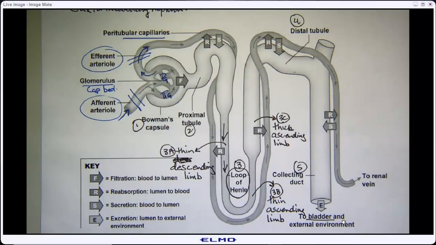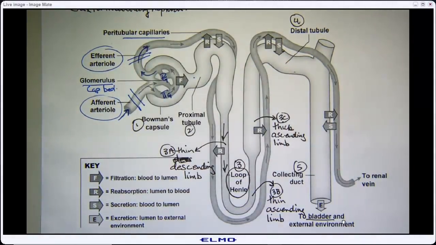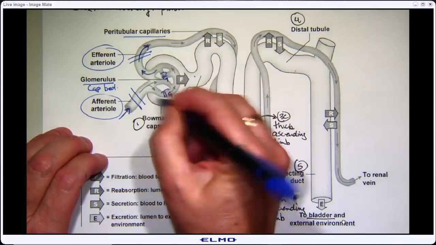So if we're going to talk about filtration, filtration from the glomerulus into where? The Bowman's capsule, so that's where this filtrate is headed. Before, when we talked about tissue, we went from the lumen of the capillary into the tissue, so we talked about PC and PT. Well, here we're headed into a whole new tube, the Bowman's capsule.